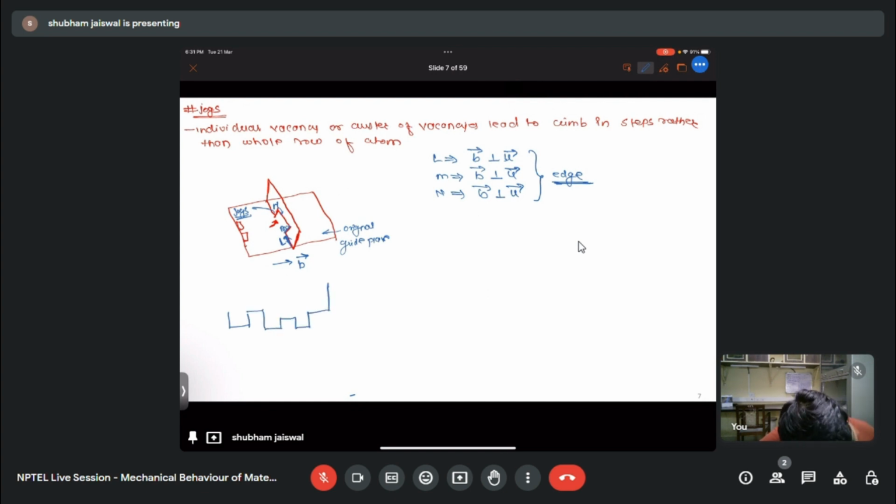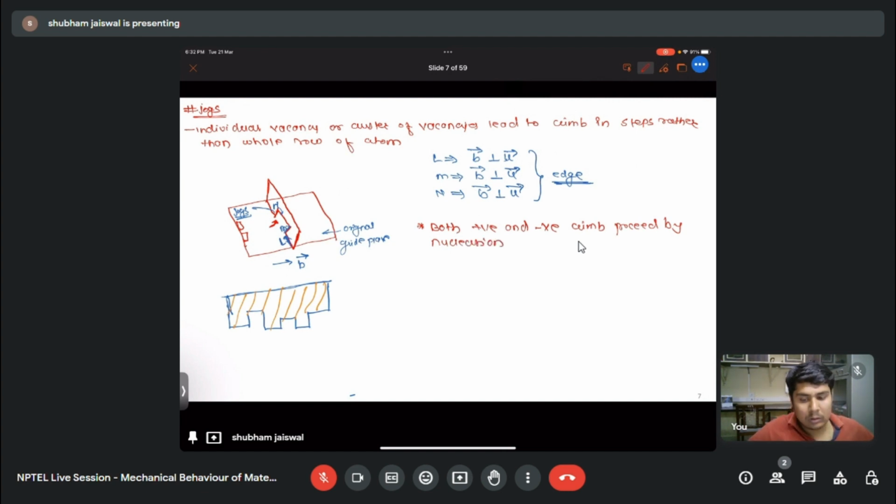Let's say it will climb up like this, in steps known as jogs.